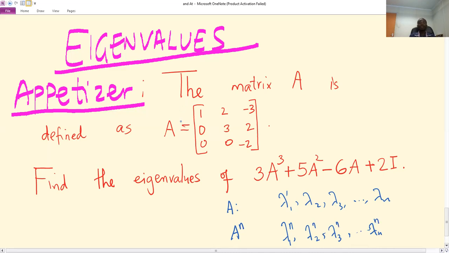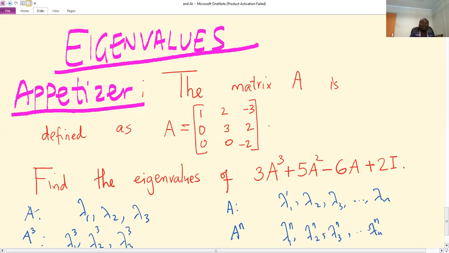So assuming there are three values, lambda 1, lambda 2, lambda 3, and these are the eigenvalues of A, then the eigenvalues of A power 3 are lambda 1 power 3, lambda 2 power 3, lambda 3 power 3.